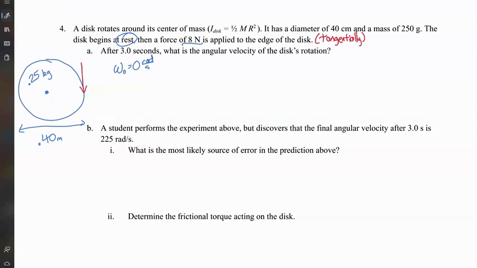What's nice is that this is perpendicular to our radius, so anytime we are doing this r F sine theta, that sine theta goes away to 1.